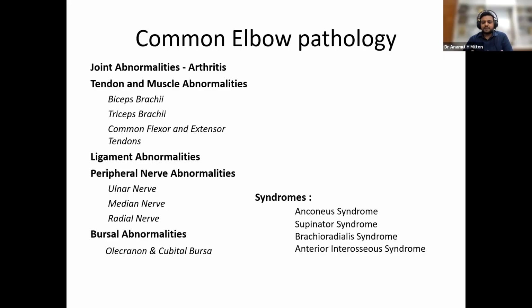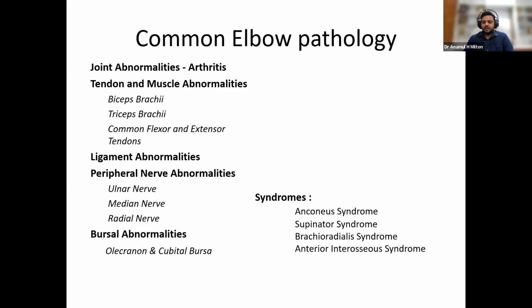And two common bursae, the olecranon bursa and the cubital bursa. And there are some myofascial pain syndromes in the elbow area, like the anconeus, supinator, brachioradialis, and anterior interosseous syndromes.